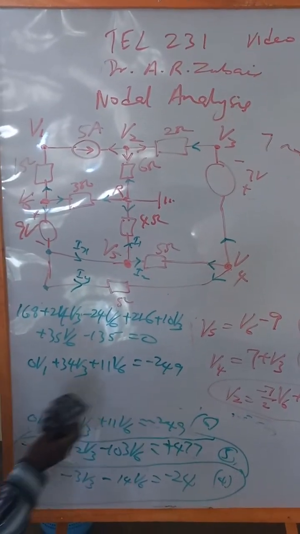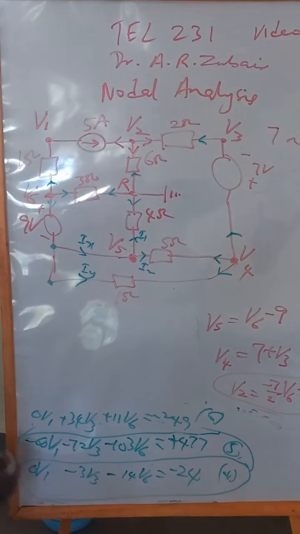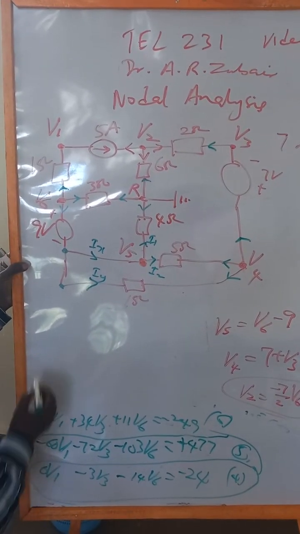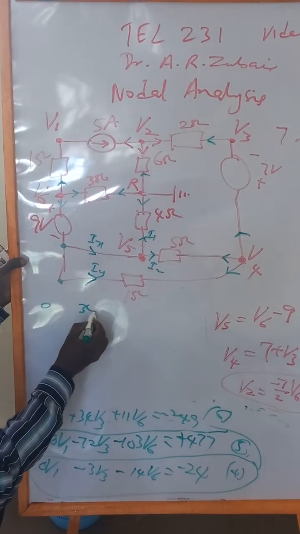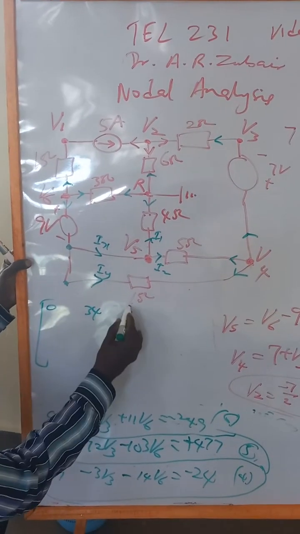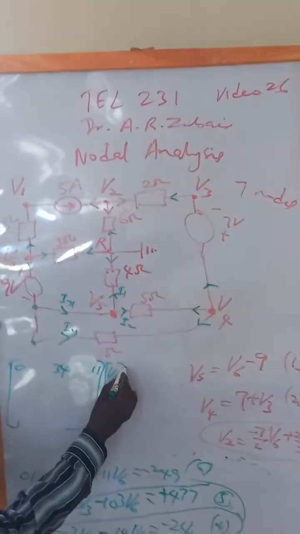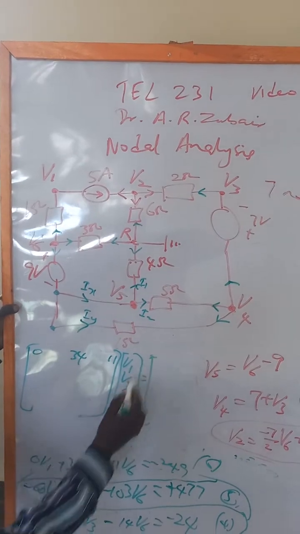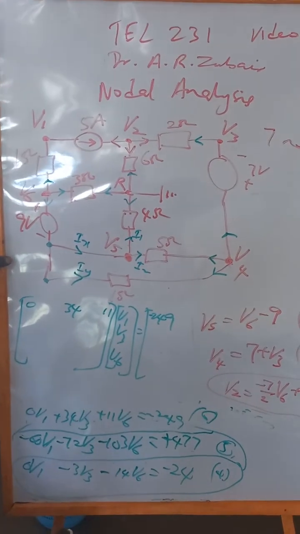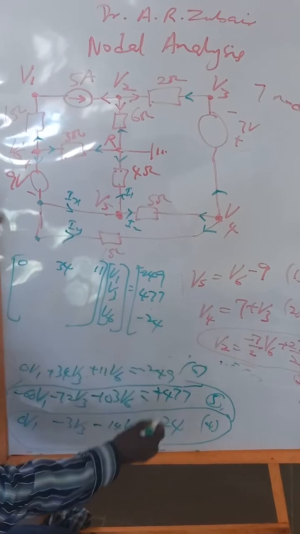Let me clean this. I can now change it to matrix form. I can write it as 0, 34, 11 into V1, V3, V6 equals minus 249, 477, minus 24.